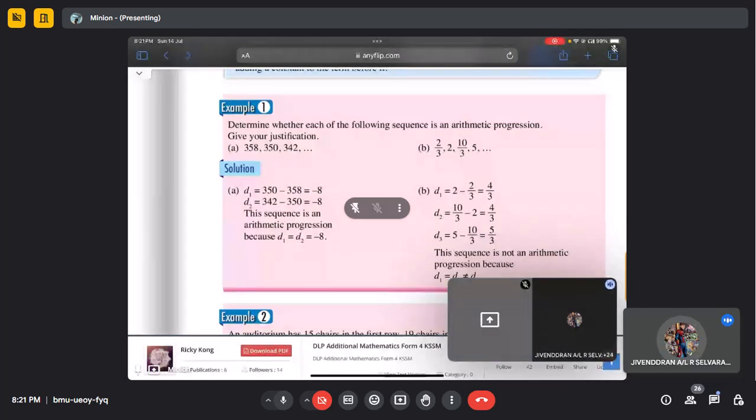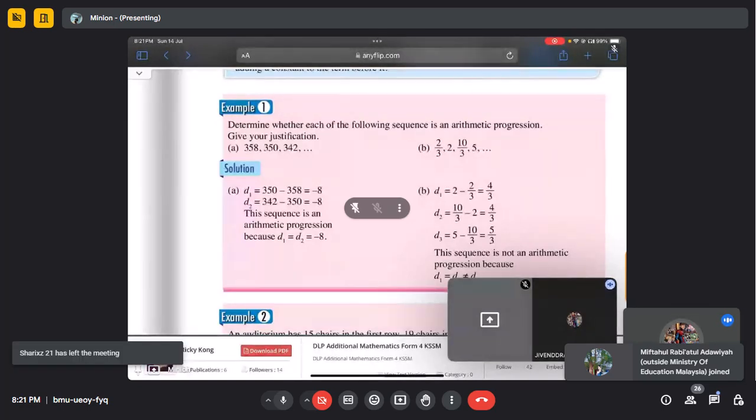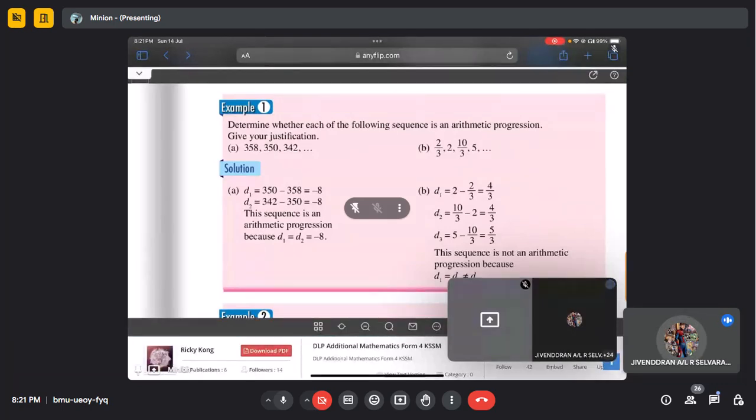But we must also double check the fourth term minus the third term, which is 5 minus 10 over 3 equals 5 over 3. So the differences are not the same, which means the progression is not an arithmetic progression. So let's go to the next example.